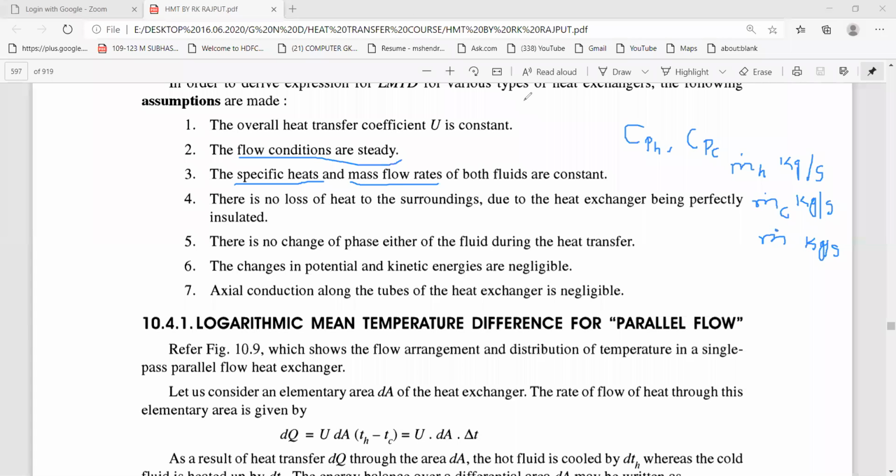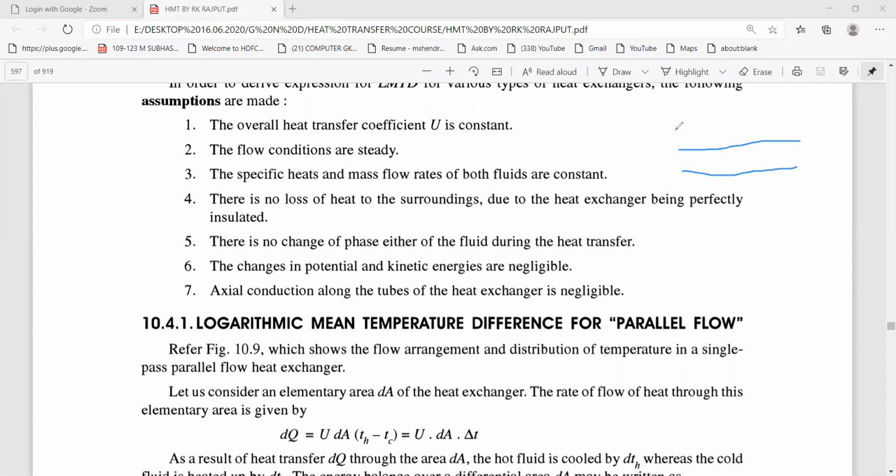Now let me rub this. The next important assumption is that there is no loss of heat to the surroundings due to the heat exchange, the heat exchanger being perfectly insulated. See students, this is your heat exchanger, the parallel flow heat exchanger.